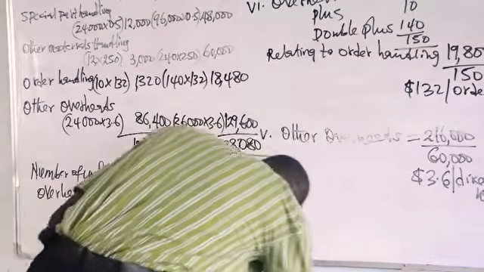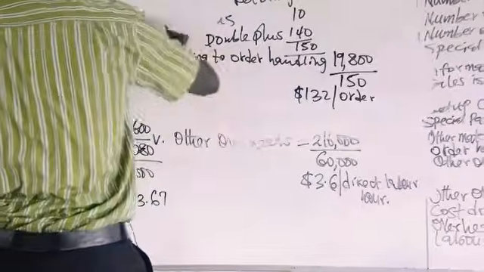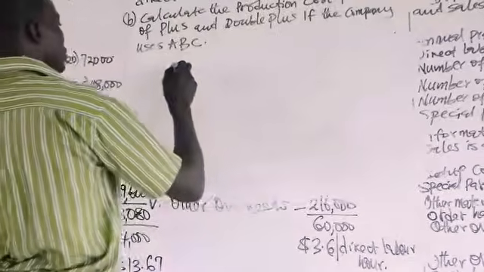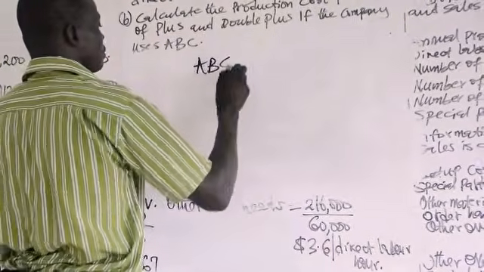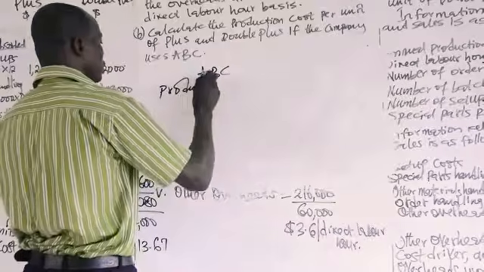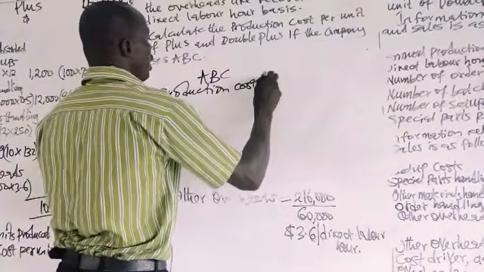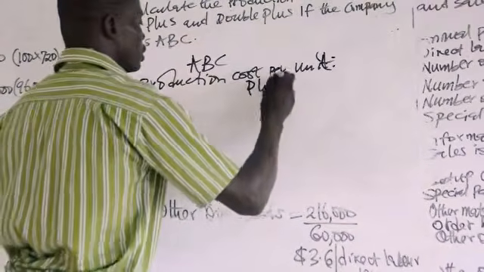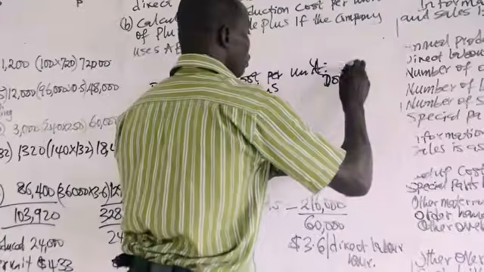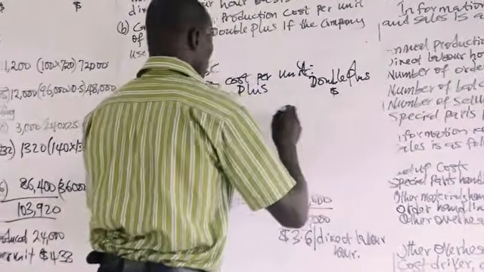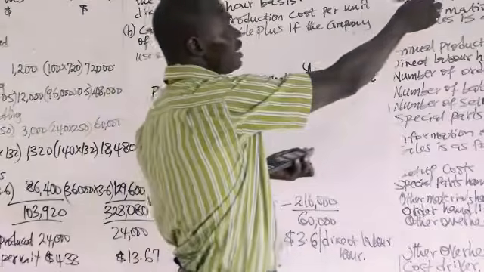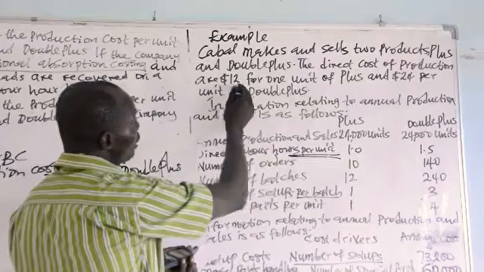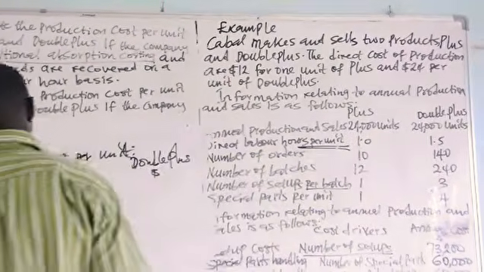Now the next thing, you calculate the production cost per unit using the ABC system. You have for plus and we have double plus. At the genesis of the question, you have direct cost. For plus, you have $12, and for double plus, you have $24.